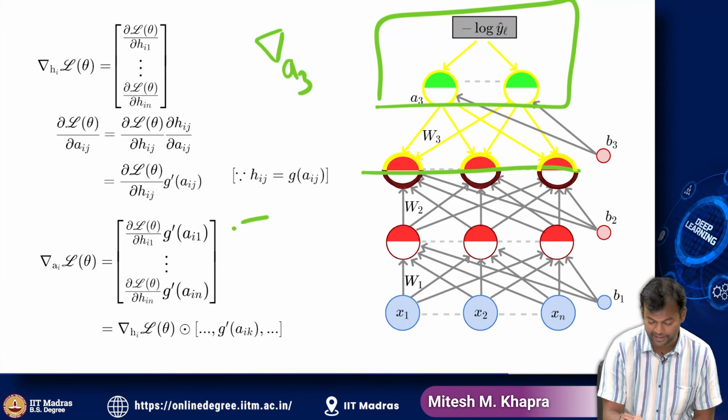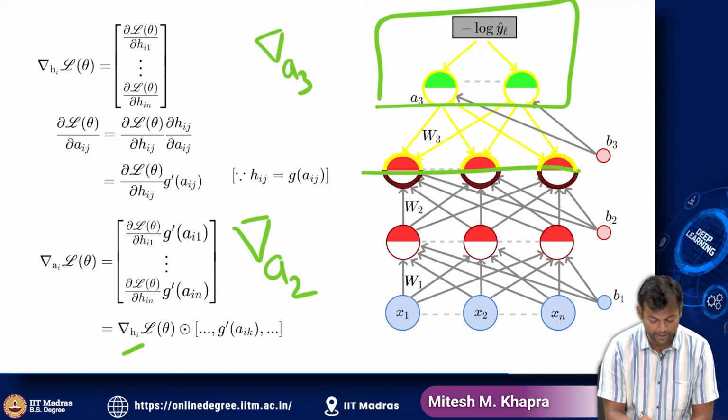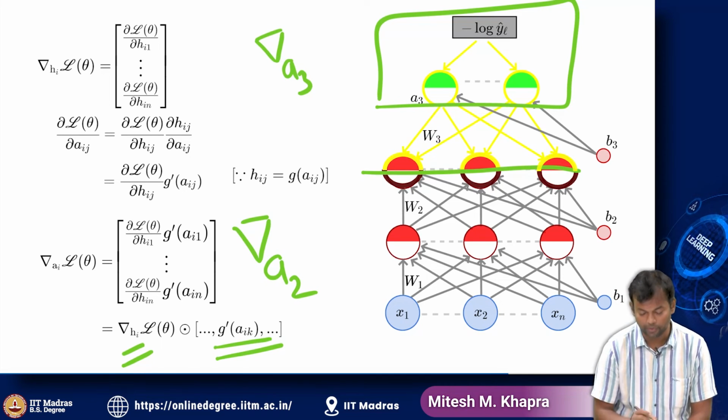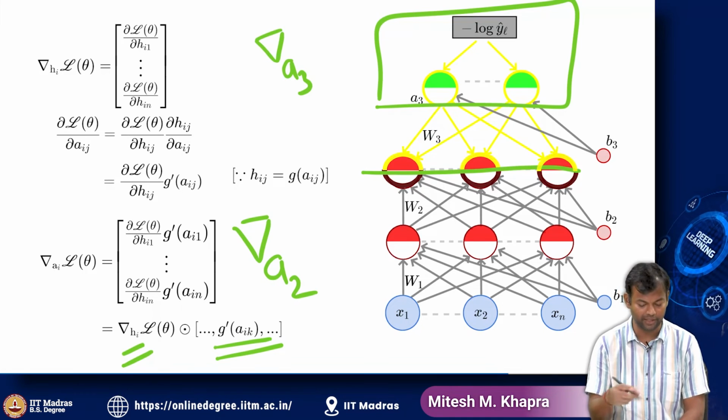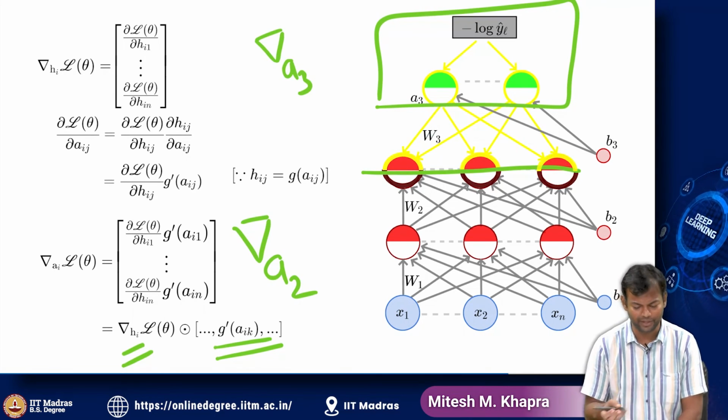The formula on the next slide says that the derivative of loss function with respect to A2 just depends on H2 and some quantity, right, which is easy to compute. This G prime is easy to compute and we will compute it at the end, right. For now, just convince yourself because it's a simple function, right.